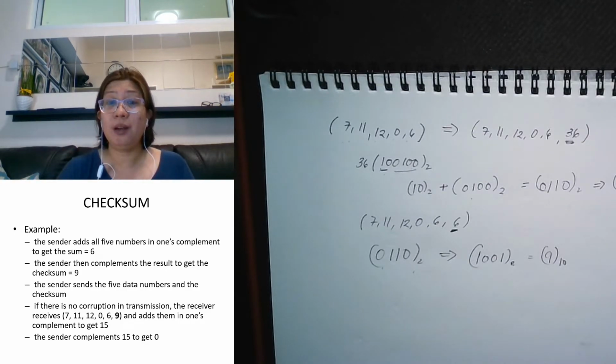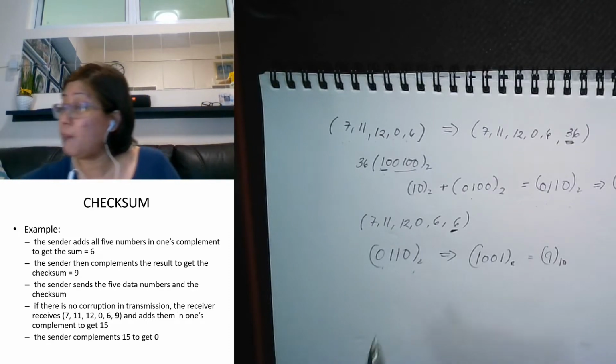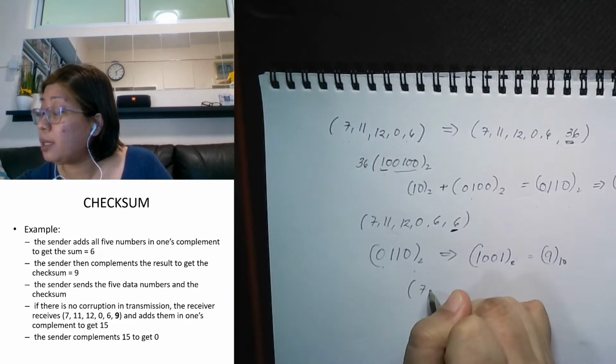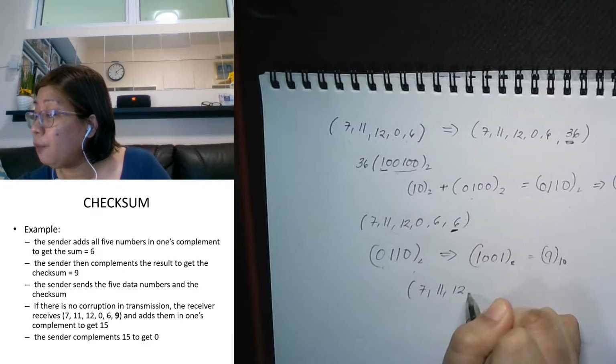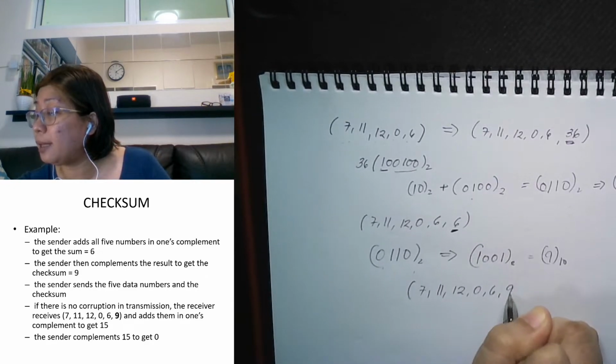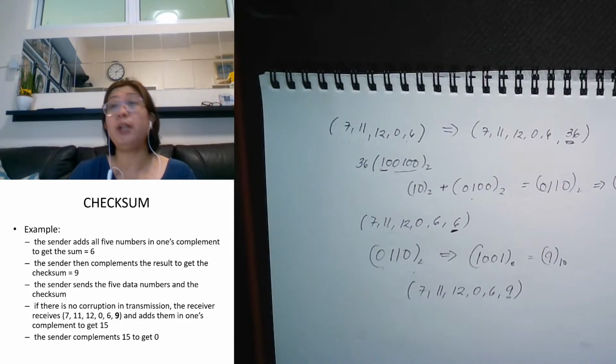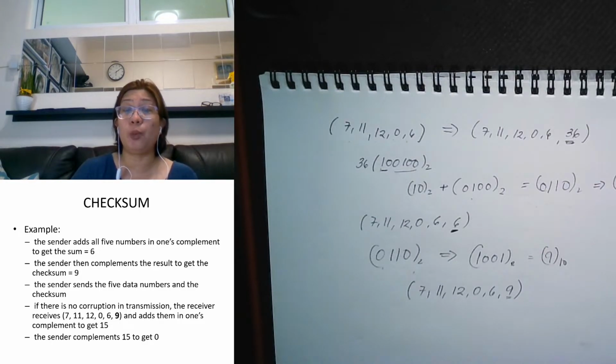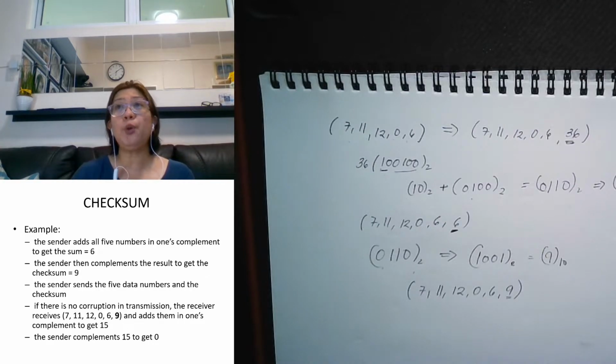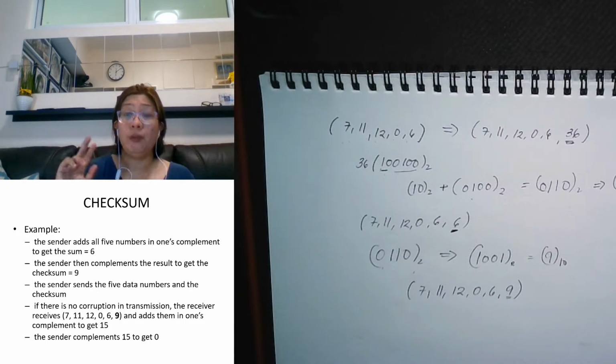So we can also send a message which is equivalent to 7, 11, 12, 0, 6, and 9, wherein 9 is the complement. The sender sends the five data numbers together with the checksum. If there is no corruption in the transmission, the receiver receives 7, 11, 12, 0, 6, and 9 and adds them in one's complement to get 15.